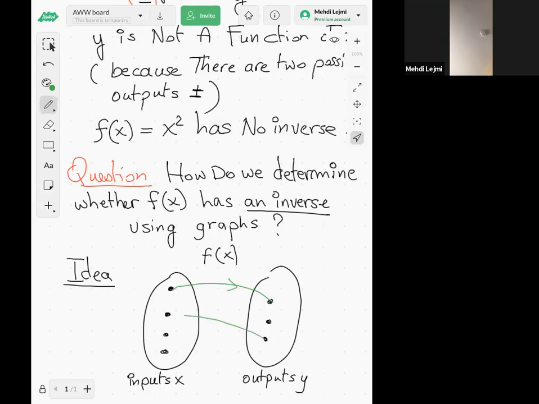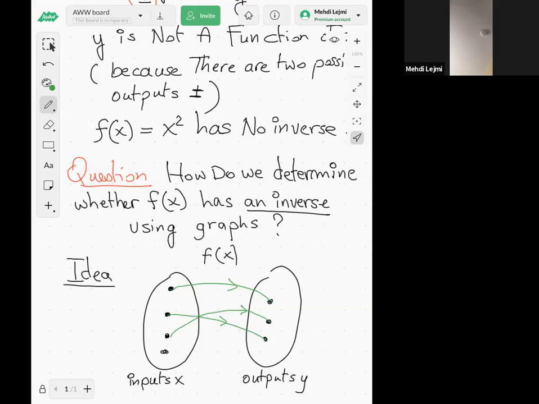The third point, I'm going to use green again, goes to the second one. So this one goes here. Now the question is, does this function f have an inverse?